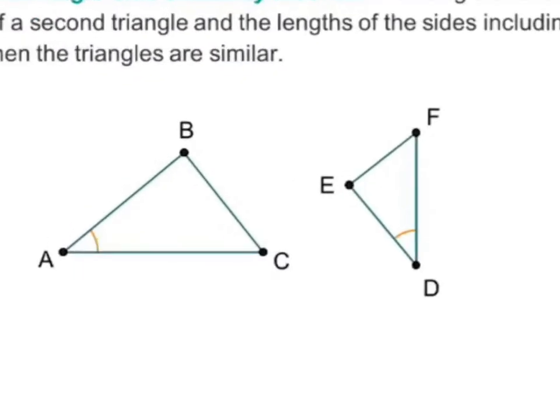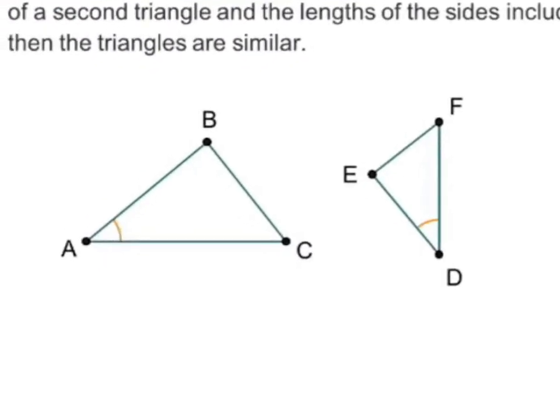So what I'm going to do is I automatically know that angle A and angle D are congruent. I also know that AB corresponds with DE, and that AC corresponds with DF.